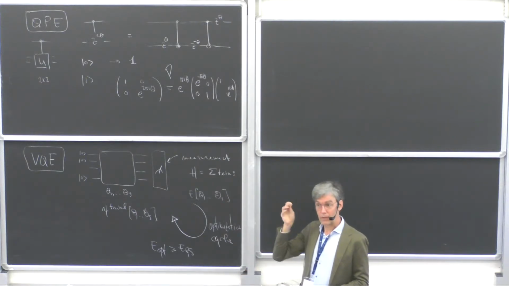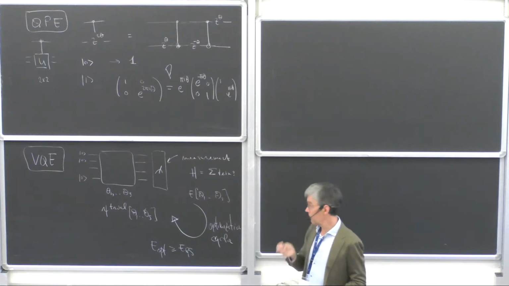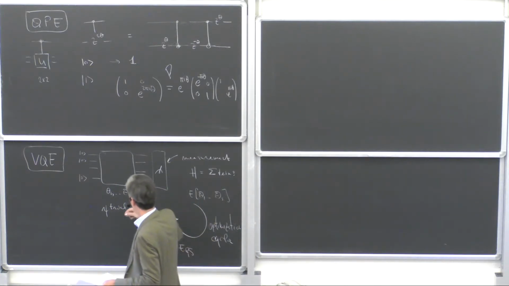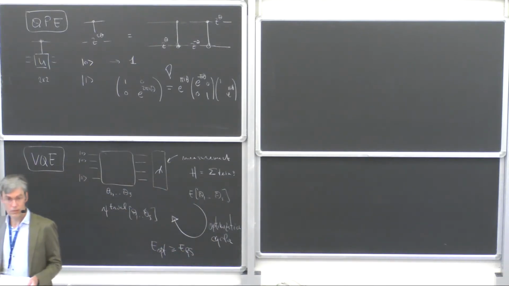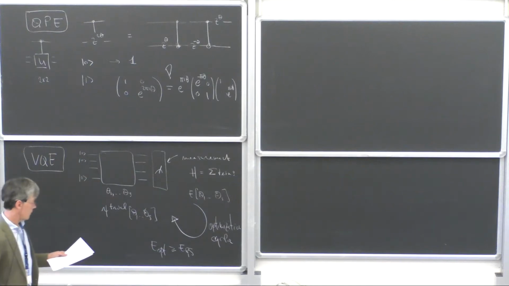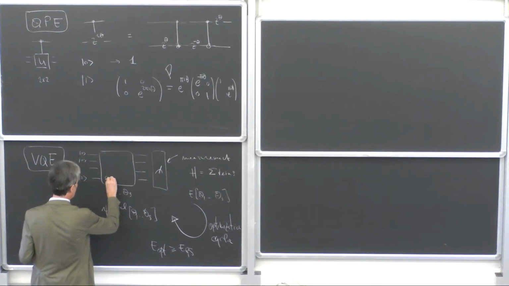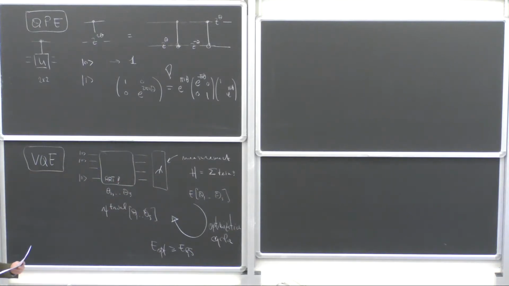And I'm trying to hit a needle in a haystack, which is my ground state. So there has to be a lot of insight or intuition going into your ansatz. And if you don't do that, you're probably going to miss the energy big time, and this will be a bad rather than a good approximation. So that's a bit of an art, right? Getting this thing right is a delicate thing to do.